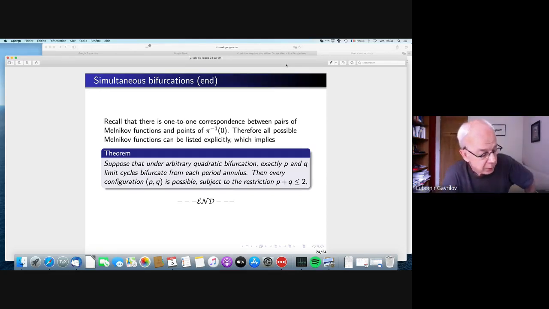In fact, this equation was computed by Iliev earlier, but Iliev used neither iterated integrals. It was not known even that Melnikov functions are iterated integrals. He used a very strange procedure by hand, by deformation.